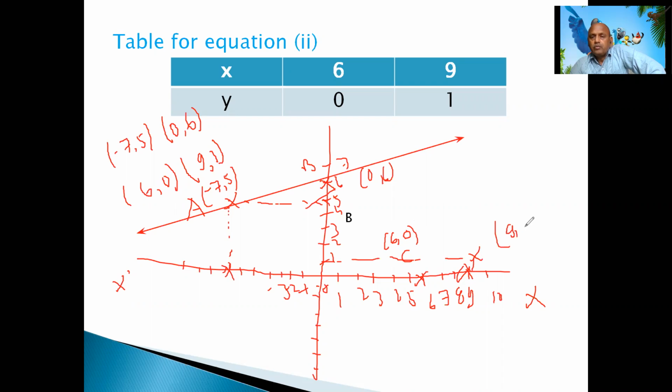Let it be D. Now draw a straight line; 6, 0 this is and 9, 1 this is. So you will get CD straight line and AB straight line. In this way very easily you can draw.